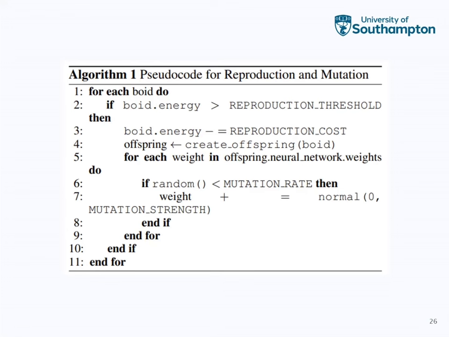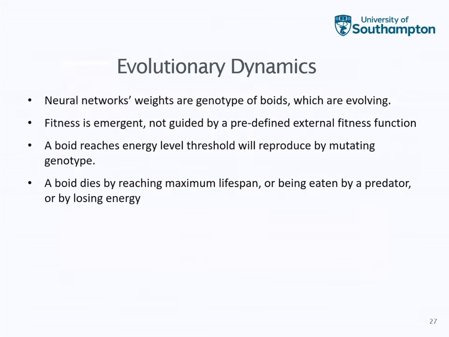The reproduction is a replication with some mutation in the weights of the neural network. The neural network's weights are the genotype of boys, which are evolving. And the concept of fitness here is just an emergent concept.